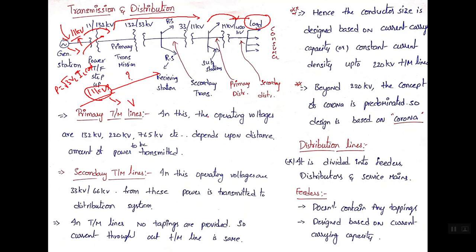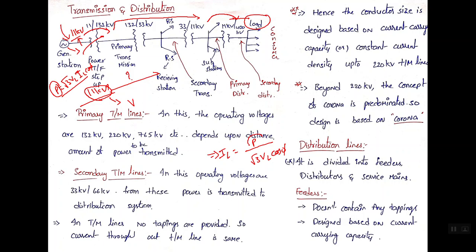That means for the same constant power, IL is equal to P by root 3 VL cos phi. From this equation we get this.